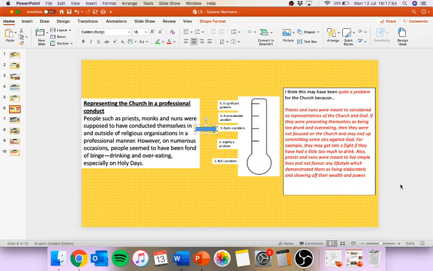So I think this might have been quite a problem for the church because priests and nuns were meant to be considered as representatives of the church and God. If they were presenting themselves as being too drunk or overeating, then they were not focused on the church and they may end up committing some sins against God. So for example, if they had drunk too much, then they might possibly get into a fight, okay?